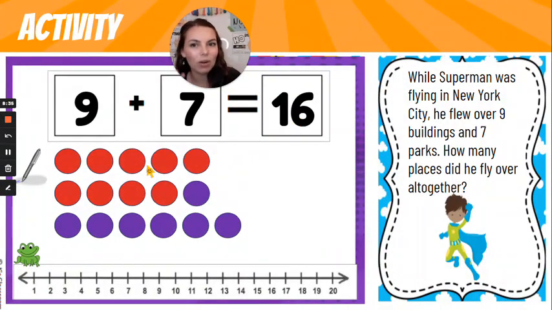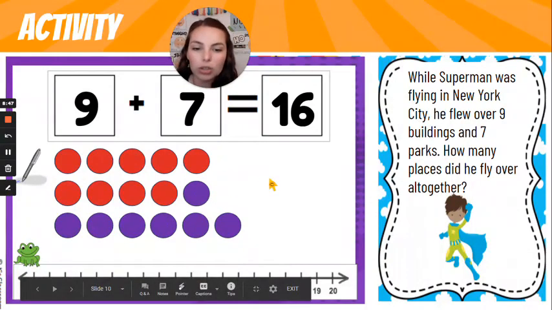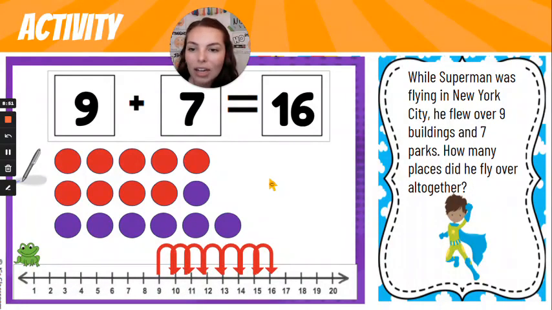See how easy that was to add up? I love when I have a number 9 and I'm adding because I can just take 1 from my other number to make a group of 10. And now let's try it on the number line too. So start on 9 and you're going to hop 7 times until you land on, I landed on 16.